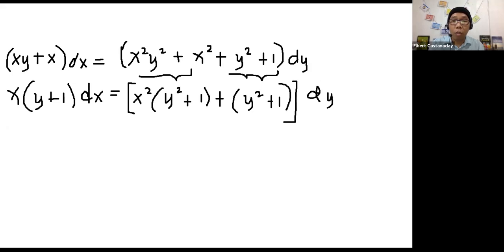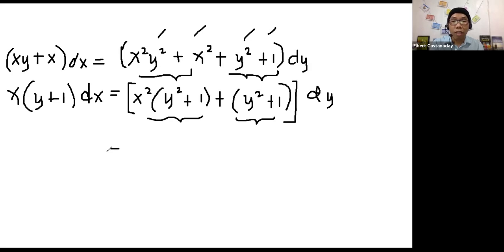Okay? So, dy initially, di ba, has how many terms na coefficient? 1, 2, 3, 4. We reduce that, by grouping, naging dalawang terms na lang, di ba? Ito, 1, and 2. Right? Dalawang terms. Now, in each term, meron kang nakita dito na y squared plus 1. Di ba? There's y squared plus 1, y squared plus 1 here.